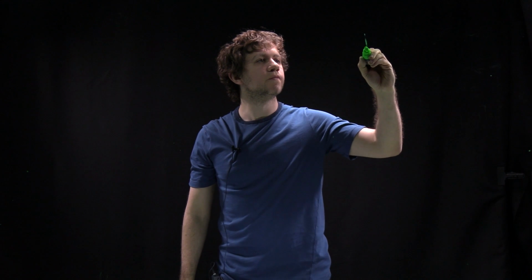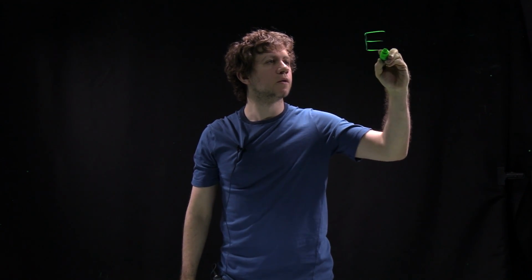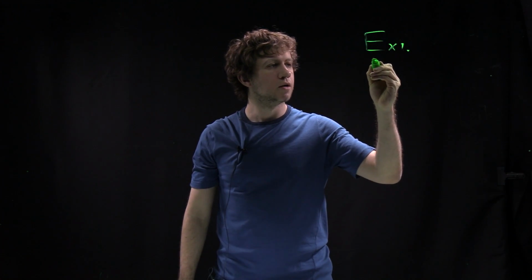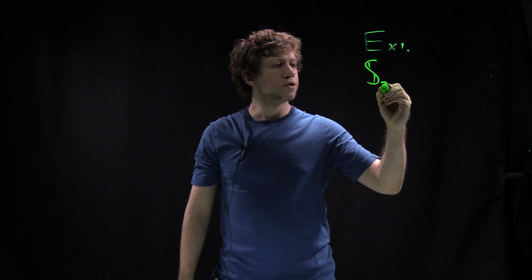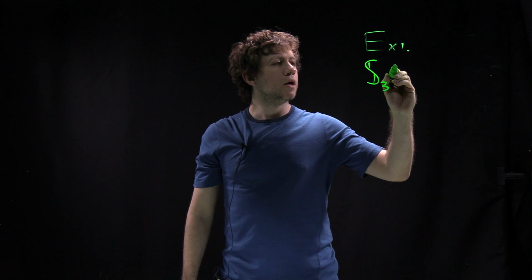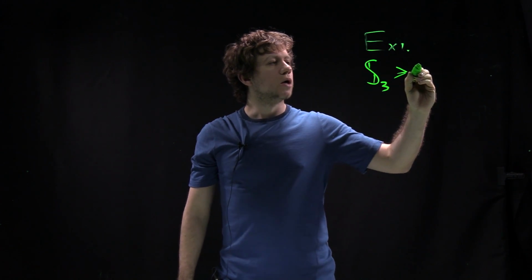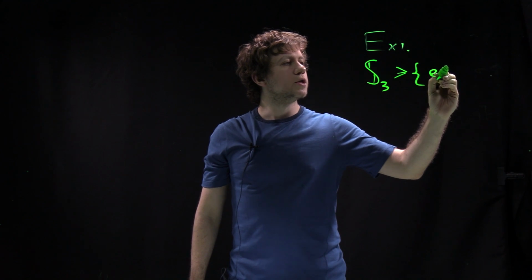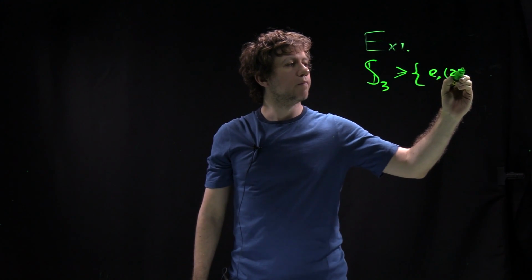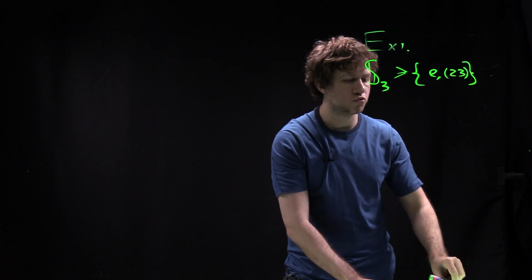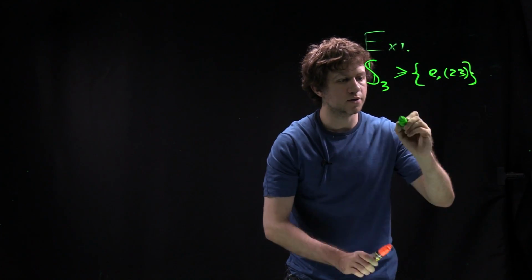Example number 1. So our favorite example, let's take S3. To make this example reasonable, I need also to add a subgroup, and the subgroup will be just a set of two permutations, identity and (2 3). Okay, so let me also draw the standard picture we have here.